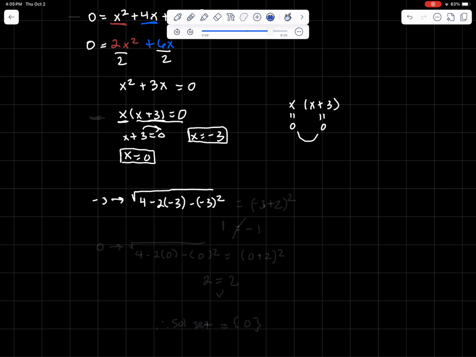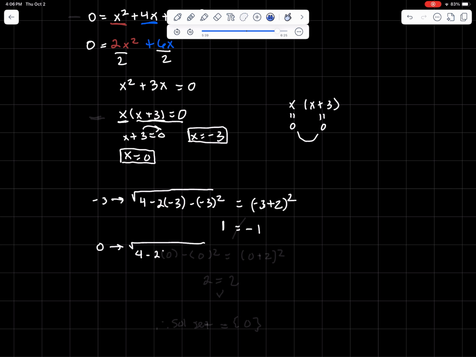Try to make sure we keep all those negatives there. You can't forget them. And then negative 3 plus 2. Now we simplify. You can do all this work in your calculator, and what we're going to find is 1 equals negative 1. And then the other one is 0.